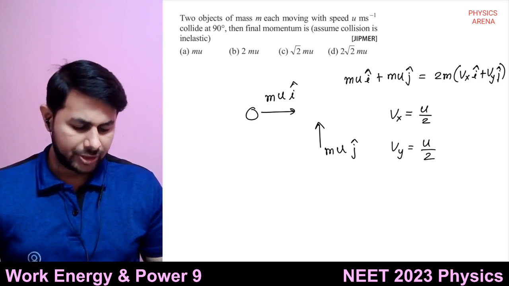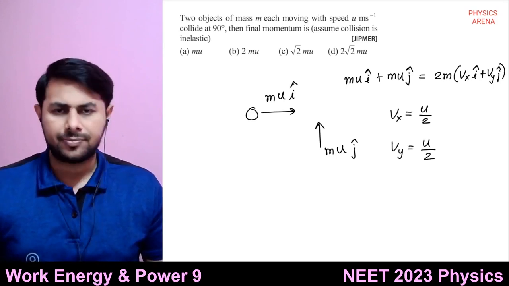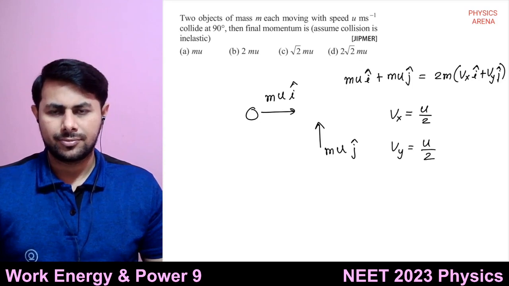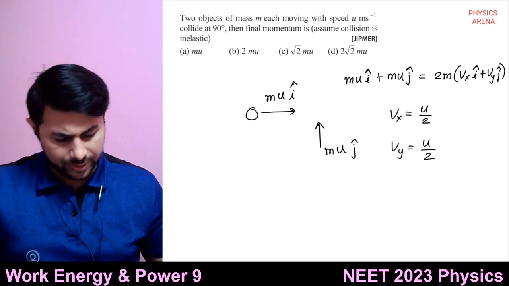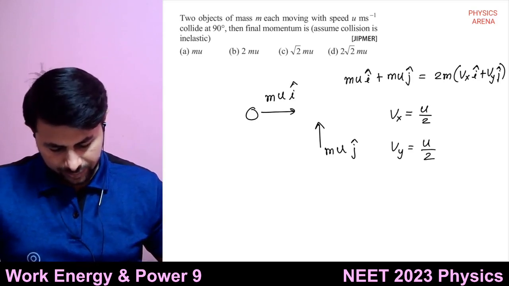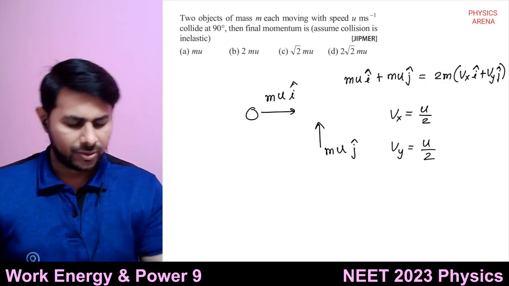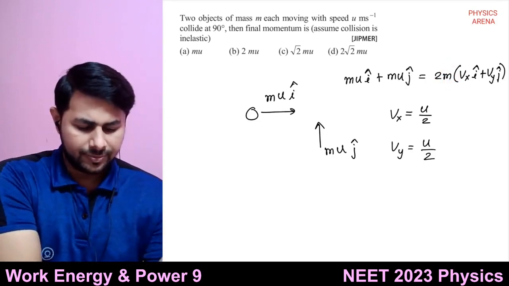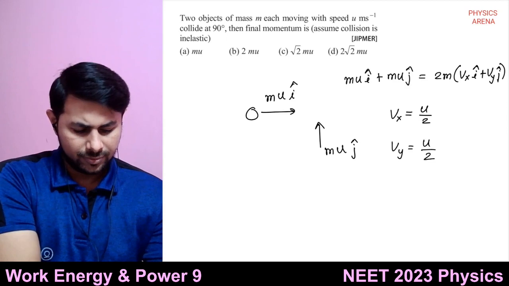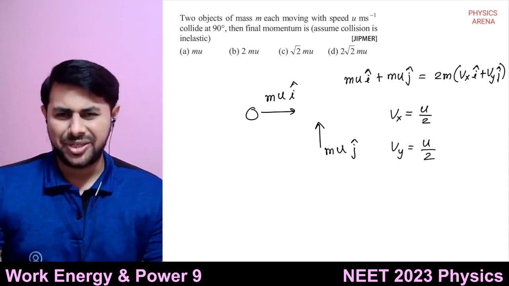But the question is, how much is the momentum? How much is total momentum? Tell me how much is the total momentum? Actually we don't need to solve this also.